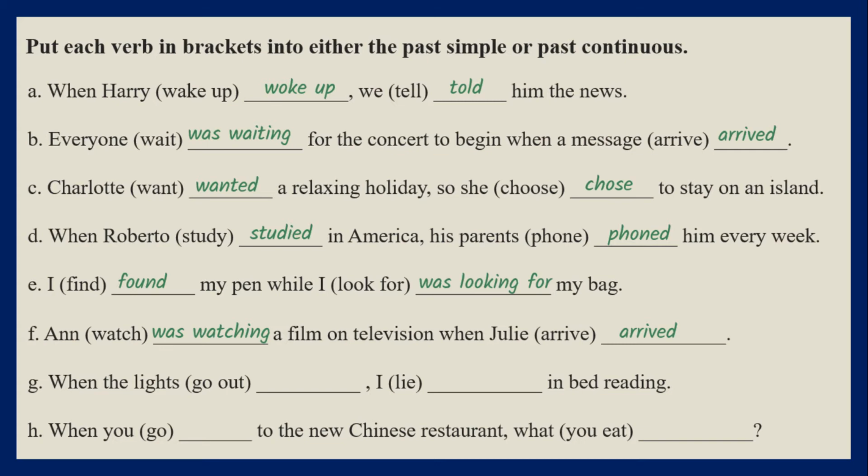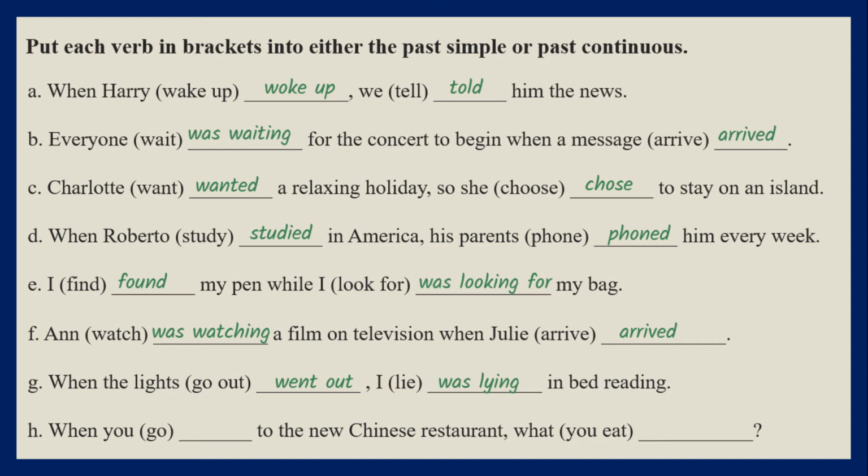G. When the lights went out, something that happened and finished, I was lying in bed reading, something which was going on. And lie in here, when we add ing to the verbs which end in ie, we remove ie and put y.